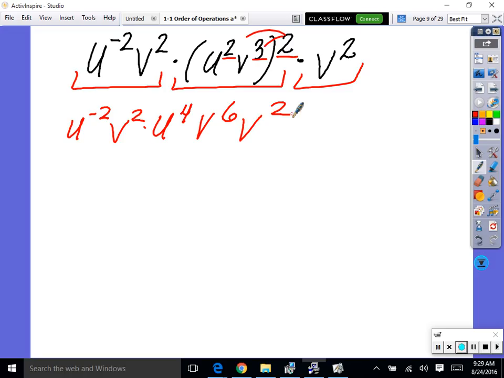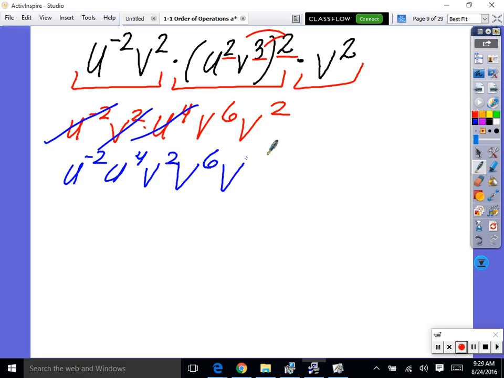Are you seeing how if you use this method of simplifying, you're going to be okay? Because it always looks big and scary until you just break it down. So we have u to the negative 2, we have a u to the 4th, I'm just reordering it. We have a v squared, we have a v to the 6th, and a v squared. If you guys will just take the time to reorder it, you're going to be better off. You're not going to be so confused.